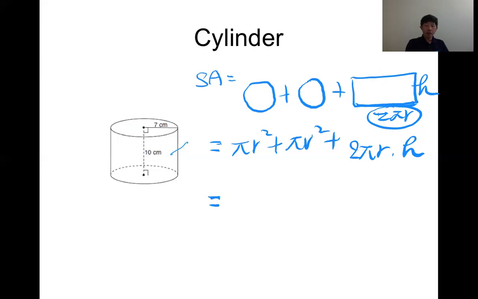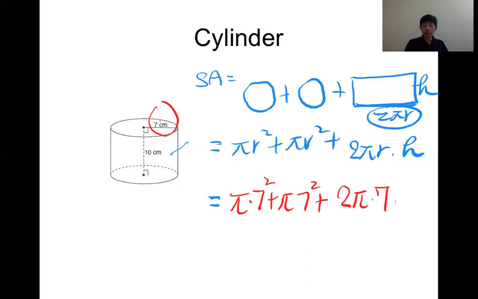What's the r? R is 7, right? R is 7 right here. So pi times 7 square plus another pi times 7 square, all right? And then times 2 pi, what's r? R is 7. Replace h with 10, right?